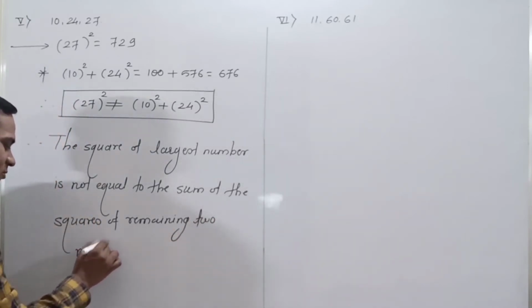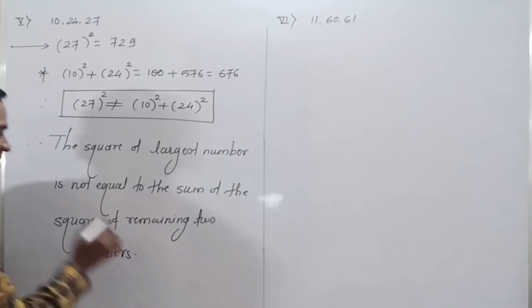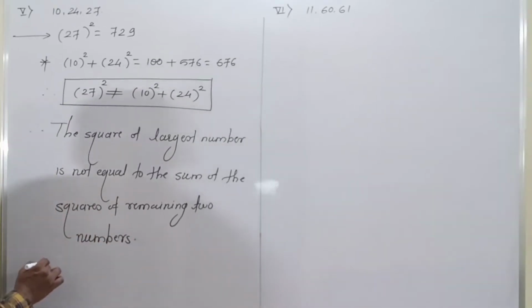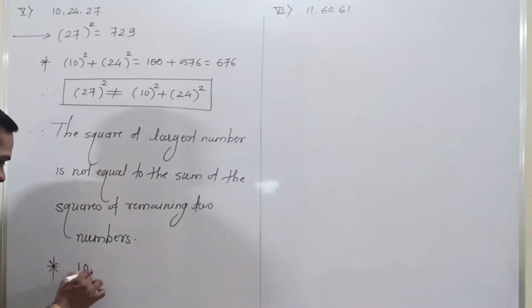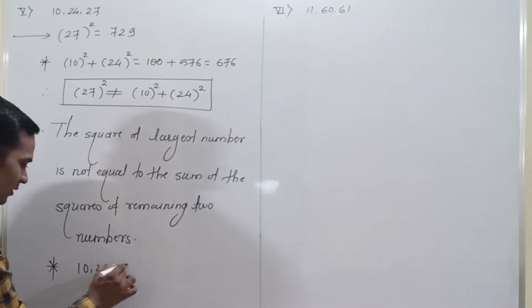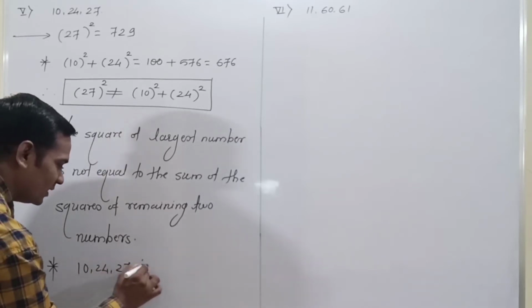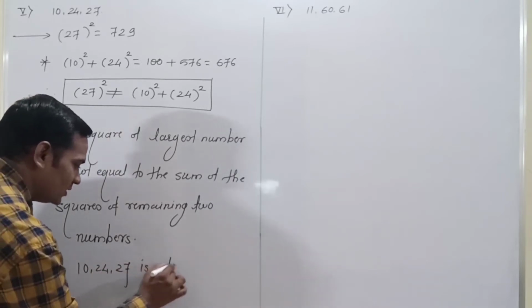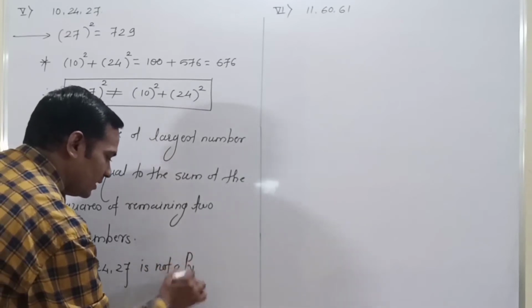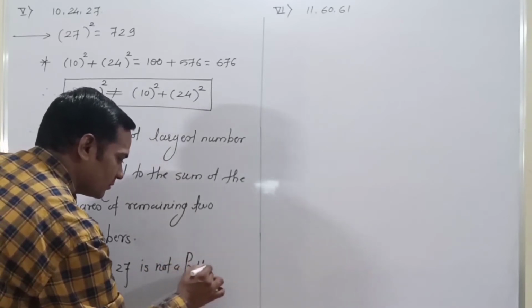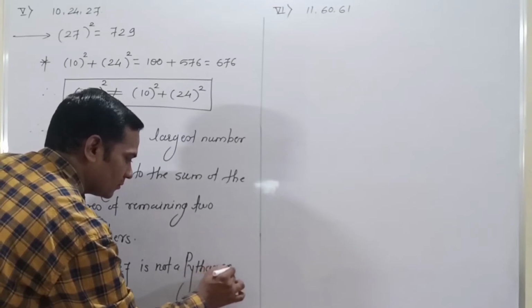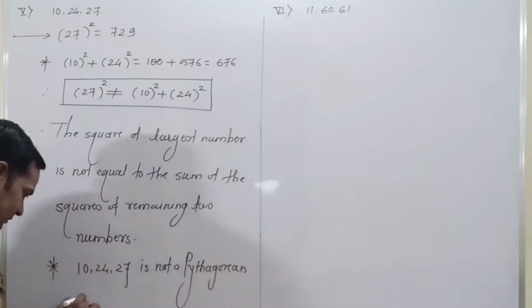So therefore, with the star, we will write the answer here. These numbers, 10, 24 and 27, are not a Pythagorean triplet.